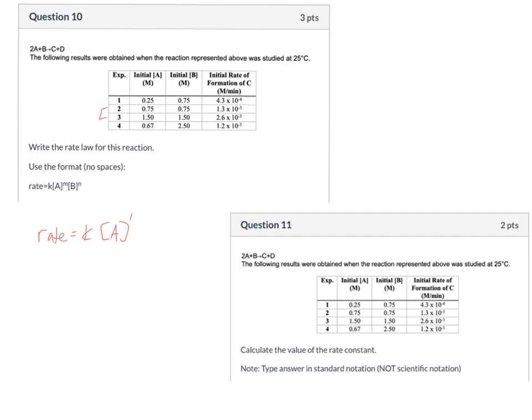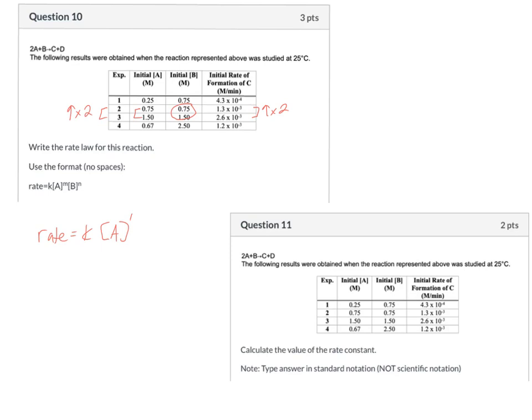So those are easy numbers for A and B. As A goes from 0.75 to 1.5, that's an increase by a factor of 2. We look at what the rate does. The rate goes from 1.3 to 2.6. That's also an increase by a factor of 2. But hold on. B was also changing. So B went from 0.75 to 1.5, but this didn't seem to matter.